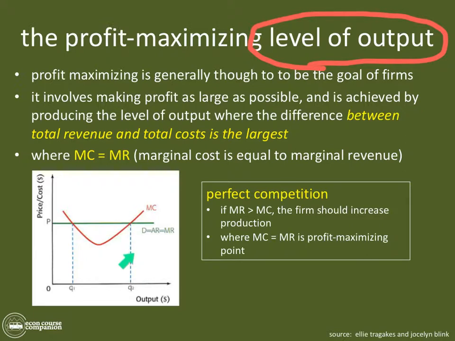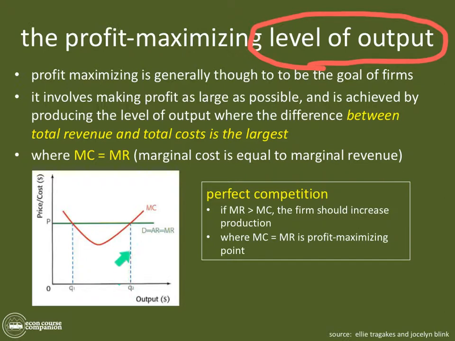And no matter the market structure, whether they are price takers like perfect competition or price makers like monopolistic competition or oligopoly, it's always going to be where MC equals MR. So where is that point? Well, here is the MC curve coming down, and it rises up, and right there is where MC equals MR. And that is the profit maximizing output.